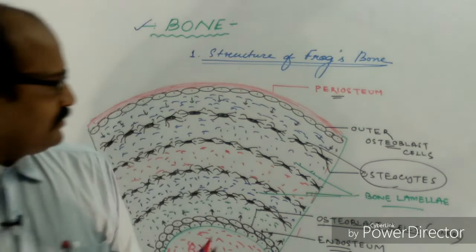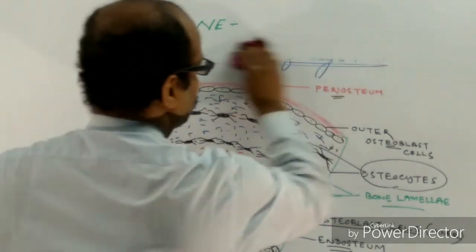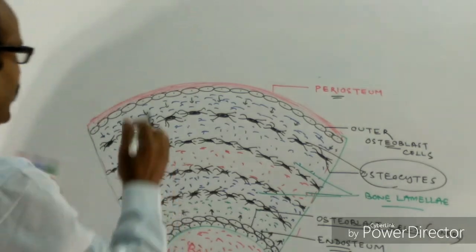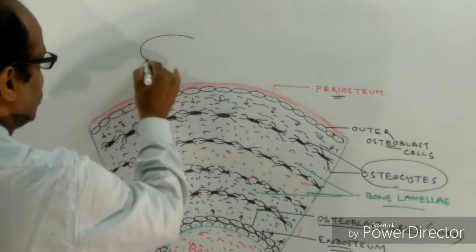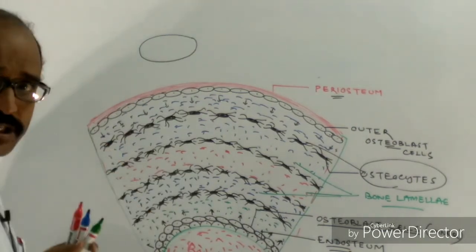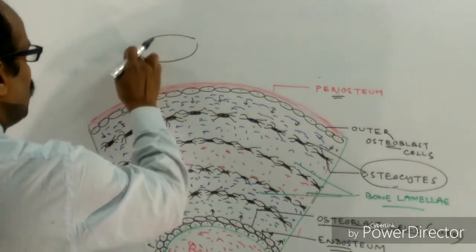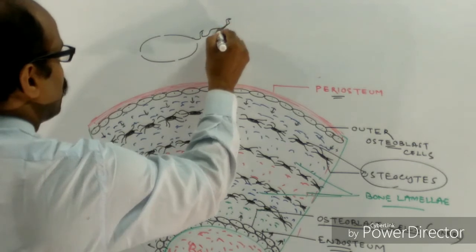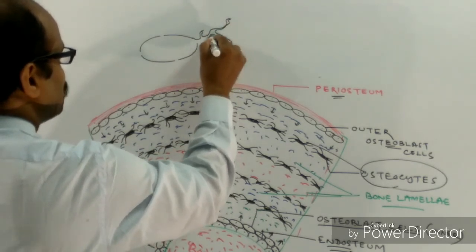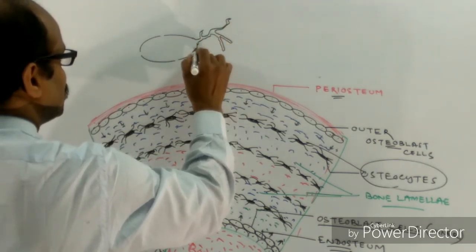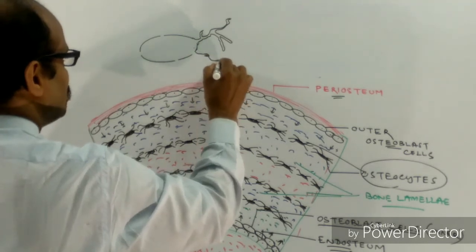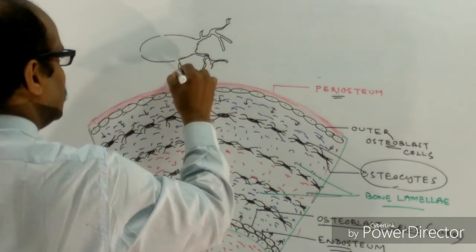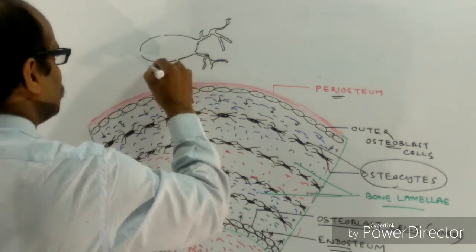If you look at the actual cell of the osteocyte, then you find this is the osteocyte cell. It is an elongated, rounded cell having branched protoplasmic or cytoplasmic projections. So this is the cytoplasmic or protoplasmic projection which is present in the lacuna.